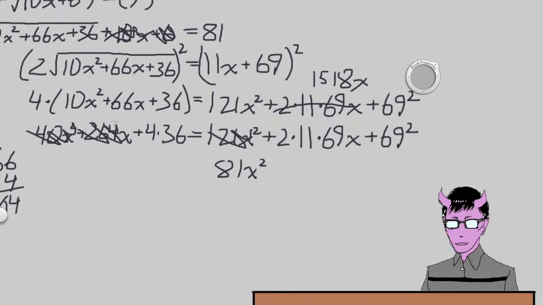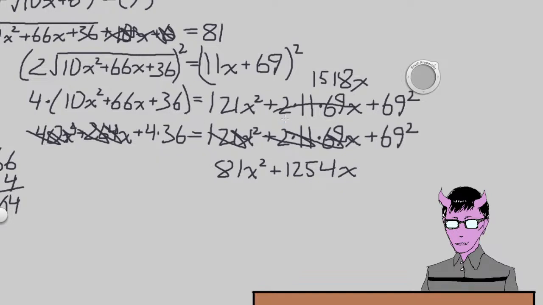So minus 264, and then minus 264 from there, which is this one. So thus we will get 1,254x. Wonderful. And then we're going to subtract this from both sides as well. So minus 4 times 36.